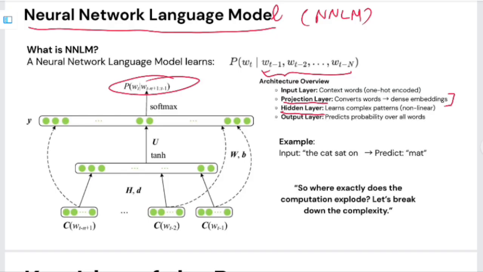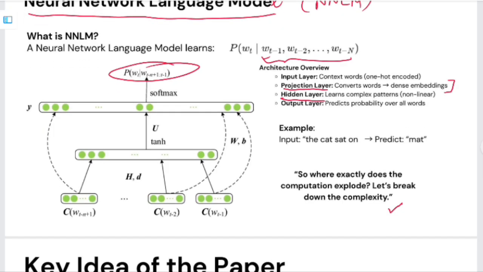So for every input, the model is trying to assign a probability to maybe tens or hundreds of thousands of possible words. This is very powerful. It captures complex relationships and learns embeddings at the same time. But there's a major problem. What is the problem? It's very complex and computationally costly.